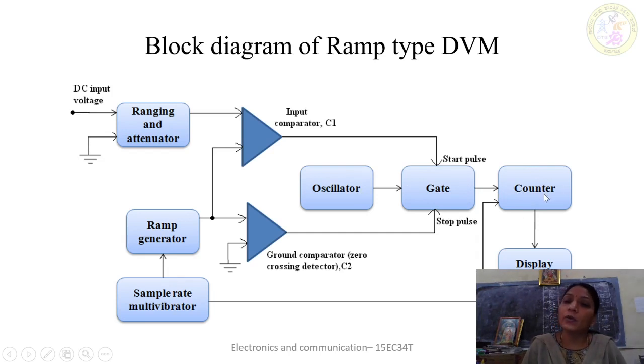And now the counter has the reading of the counted value, and that means n pulses will be read by the display unit. So when the start pulse starts, at that time the gate will open and count the number of pulses up to the ground comparator, which has to detect the zero crossing, right?